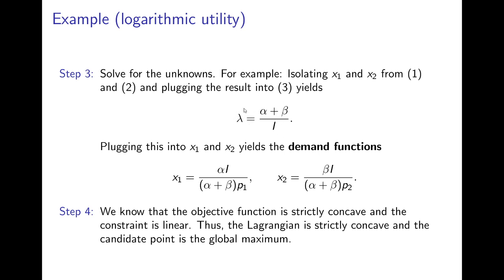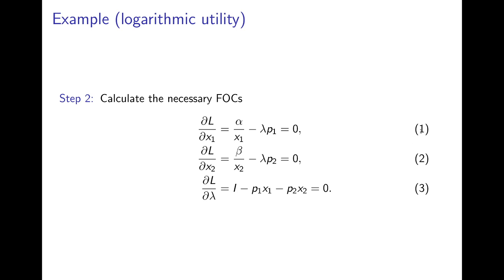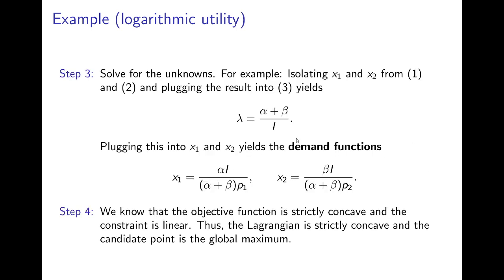Then one can take lambda and plug it into the expressions for x1 and x2 that we've derived from equations 1 and 2 in the previous step. And if we do so, what we get are the explicit demand functions for good 1 and good 2 here, expressed in terms of the parameters of the utility function, in terms of income, and in terms of the price of the corresponding good.